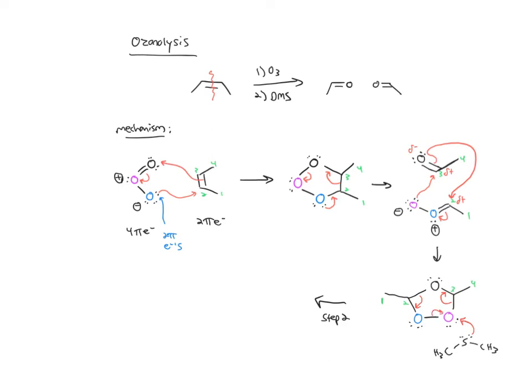And so what we're going to be left with total, we're going to have our double bond to our blue oxygen over here with our carbons 2 and 1. And we're going to have our black oxygen doubly bound to carbons 3 and 4.